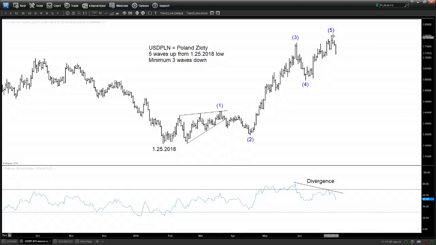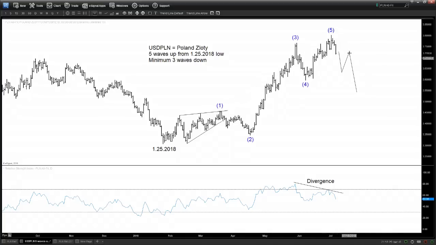According to Elliott Wave theory, after a 5 waves up, at minimum we should get a 3 waves pullback to correct this 5 waves up. So if that is the case in the shorter cycle, then we are looking for the US dollar PLN to at least give us a 3 waves pullback, something like this. A clear 3 waves pullback that should correct this entire rally that starts from January 25th.